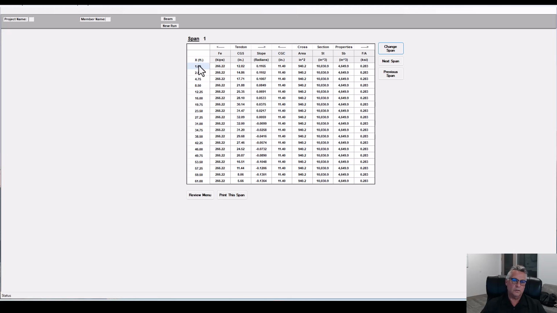The first point that it always prints on either side is the face of the column. The second point that it always prints is h/2 from the face of the column. That's true on both sides of every single span. So it knows that you want those values, and it gives them to you.